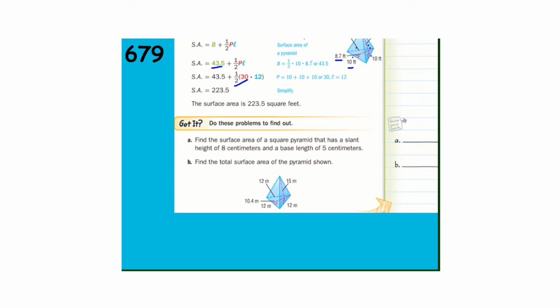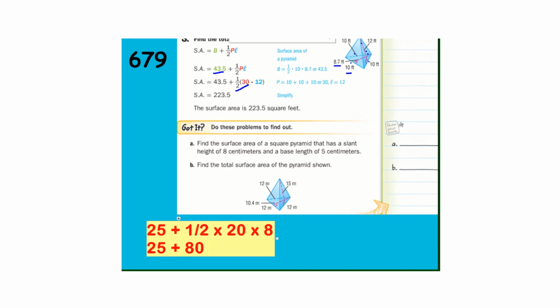Pause and go ahead and try letter A and B. Okay, for letter A, it's a square pyramid with base edges of 5, so 5 times 5 is 25. That's where this comes from.